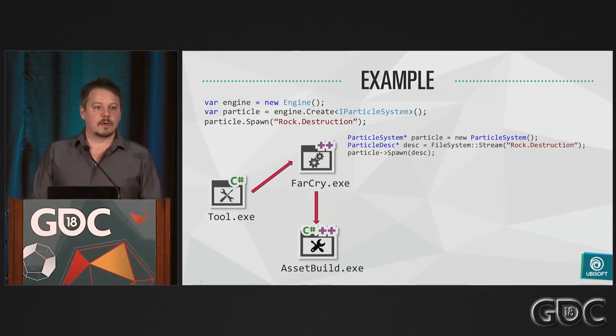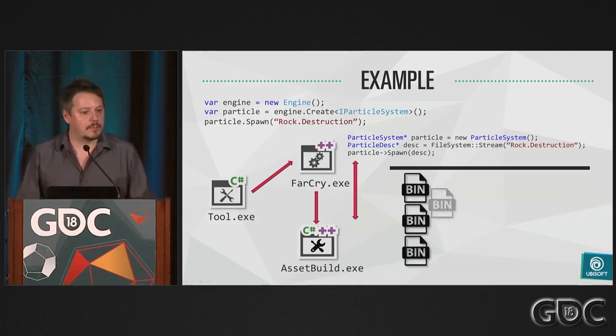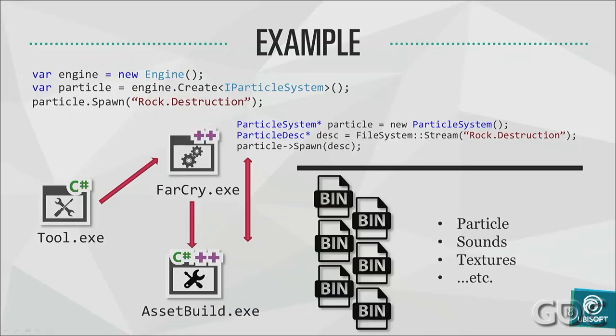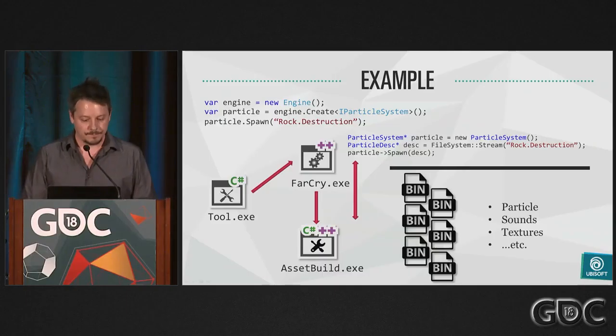By doing so, we'll discover a lot of resource or asset references while spawning a particle, some textures, some sound, some whatever. And so some communication will happen between the engine and the asset build system to have all those assets ready to be used and binarized in a proper format. So this is just a really simple example to properly understand how those three components work together.